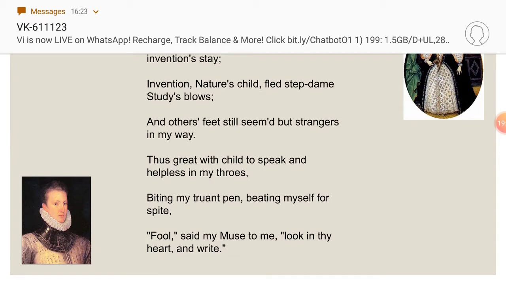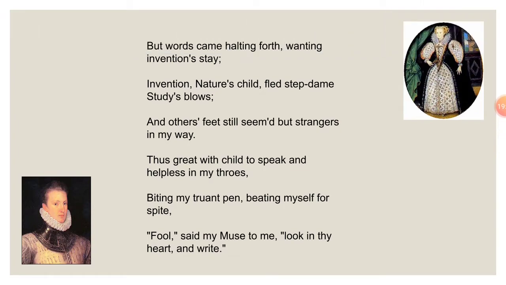Okay, poetic creation is nature's child. Nature is the mother. And fled step-dame, study's blows, and study here means imitation. Imitation is stepmother of poetic invention. Okay, so this is very important for you to understand.